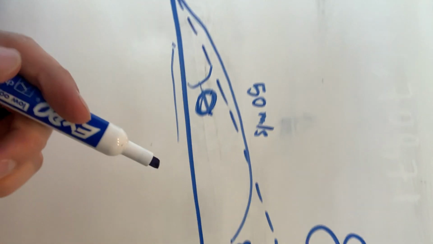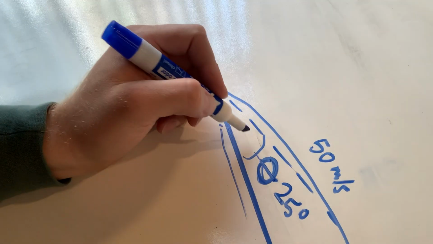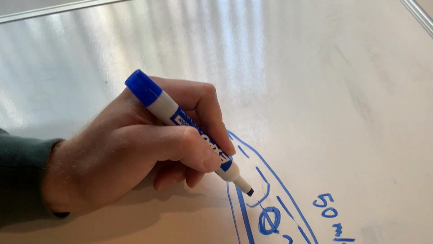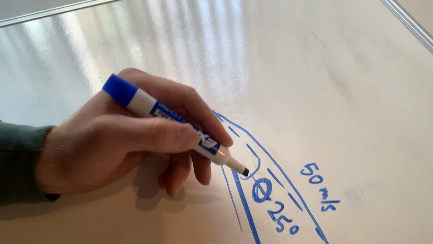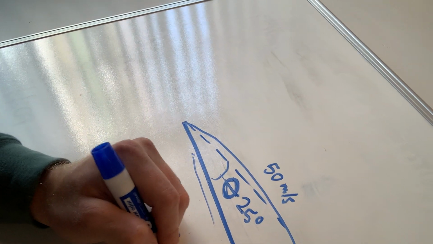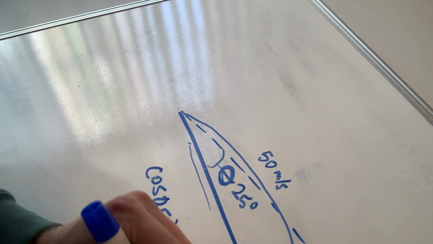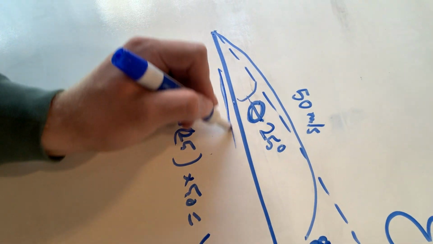Now that we know what theta is, we can figure out the initial velocity in the x direction. We know the initial velocity was 50 meters per second, and this angle is now 25 degrees. So we're going to do cosine of 25 times 50, which equals our initial velocity in the x direction.